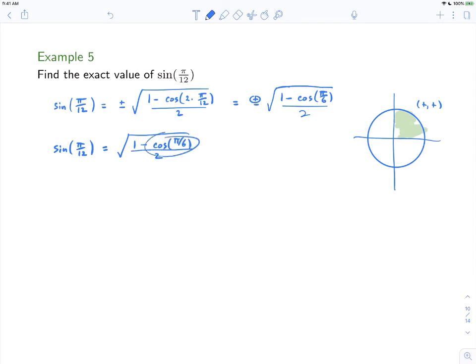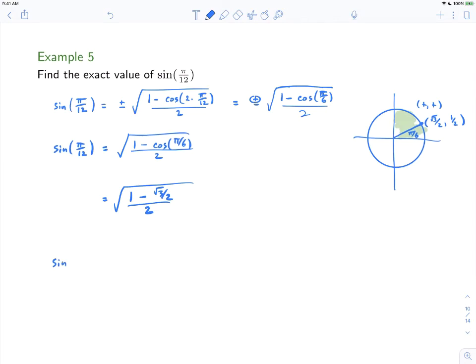Now cosine of pi over 6 is something that we know. Pi over 6 is 30 degrees, so that's this angle. And this has coordinates square root of 3 over 2, comma 1/2. Cosine of pi over 6 is the x-coordinate, so it's square root of 3 over 2. So this is equal to the square root of 1 minus the square root of 3 over 2, divided by 2.